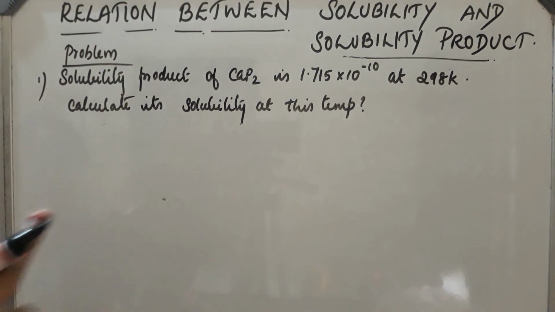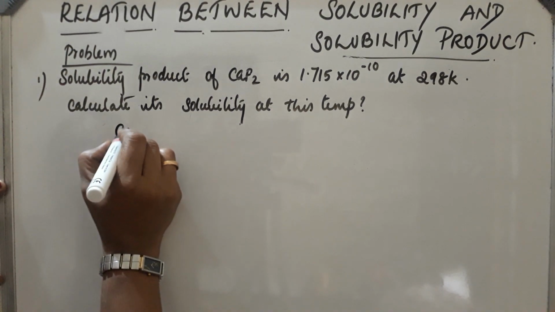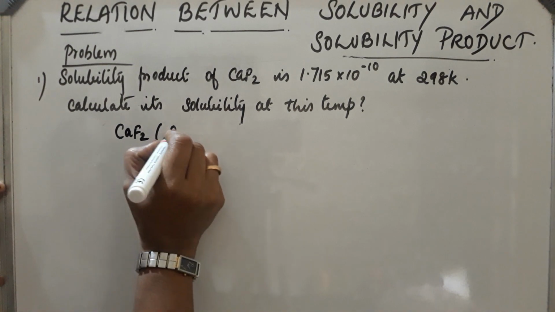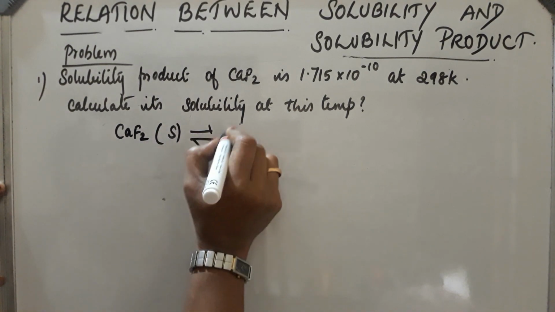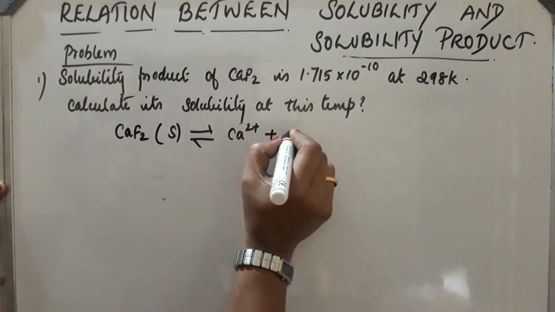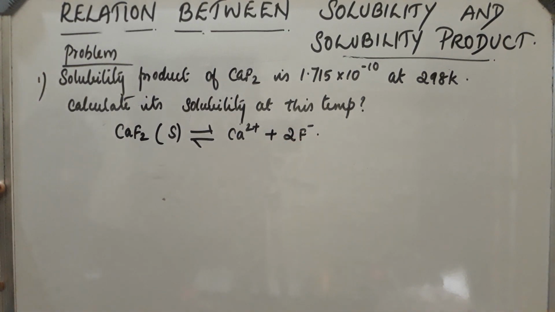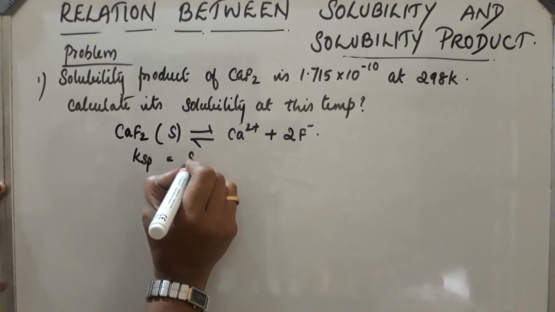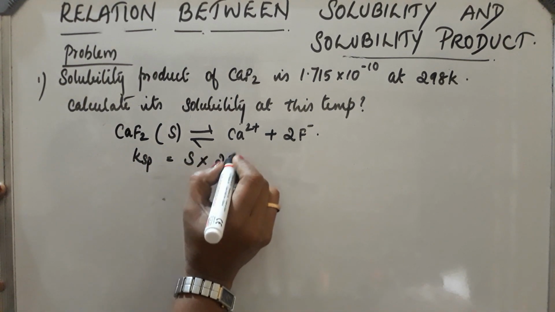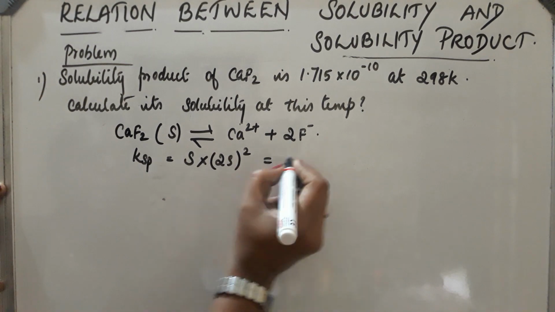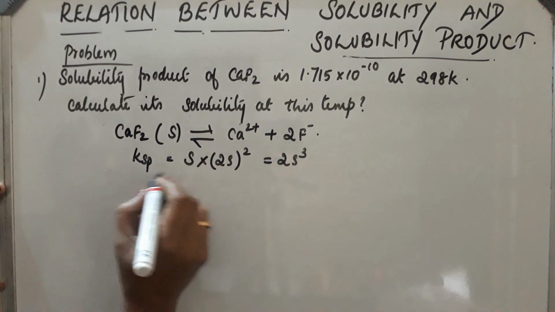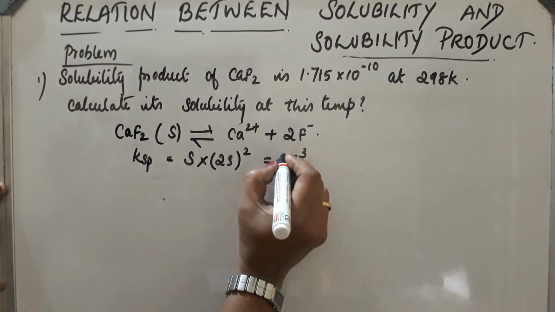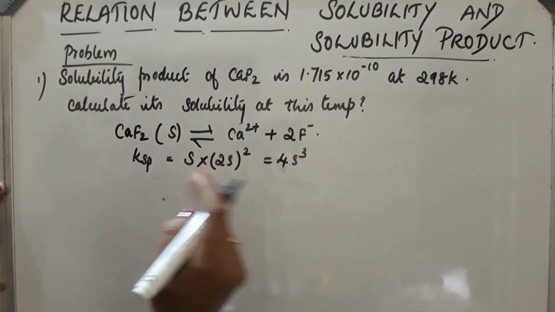So at this temperature, solubility is known. If the temperature varies, solubility product also changes. Ionization of this salt is Ca2+ plus 2F-. So Ksp will be equal to S into 2S whole square, that is 2 square S square, so 4S cube.